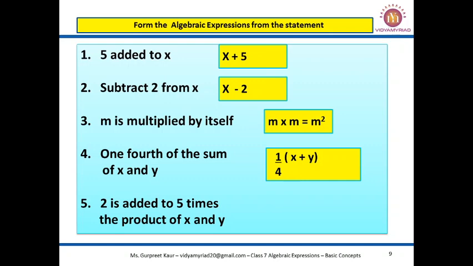The product of x and y means x into y. 5 times means 5 into x into y, and 2 is added means you will add 2. So 5xy plus 2 is your required expression for this statement.